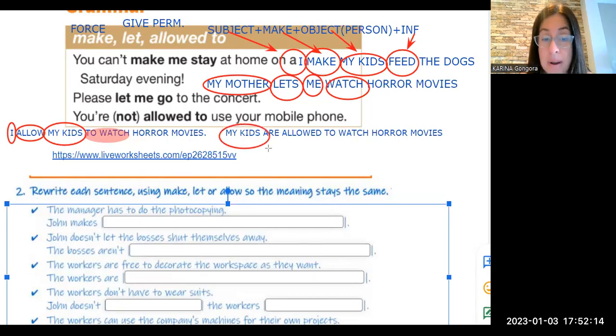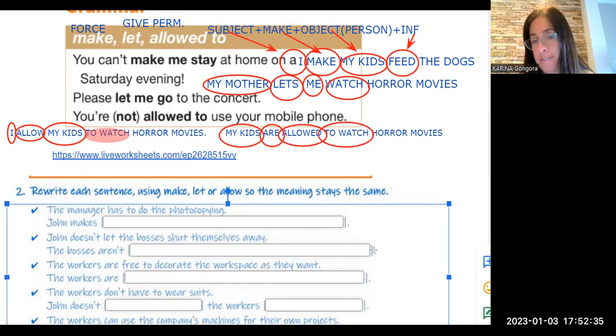La persona que tiene el permiso, then verb to be, my kids are, my kids were, my daughter is, right? And then allowed con ed, be careful with this, and then to plus infinitive, yes? El verbo tiene que ir sí o sí con to, all right?